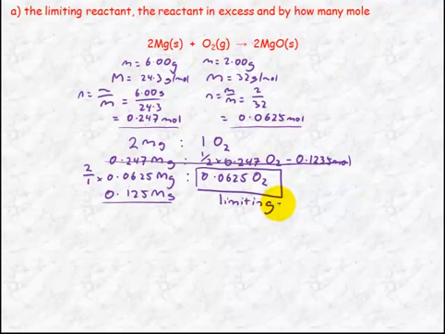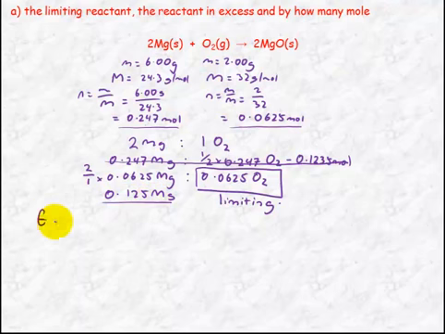So the reactant that's in excess is the magnesium. Magnesium is in excess by how many mole? Well, we've got 0.247 mole, and we're only using 0.125 mole.